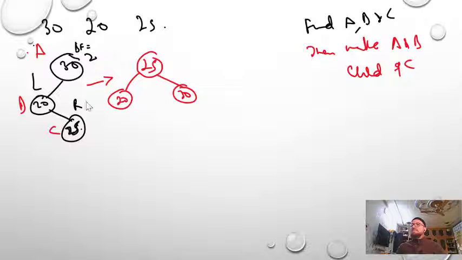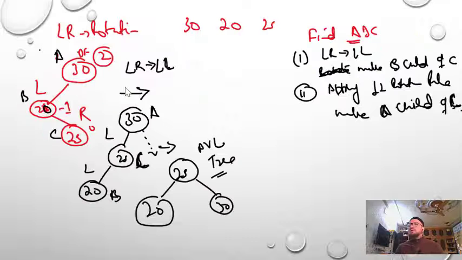Okay, if it was left right rotation, just find the A, B and C and make A and B child of C. So how will you make A and B child of C? A is 30, which is greater than 25, so it has to be on the right. Okay, and 20 is the lesser, so it has to be on the left. Simple as it is. Or if you can't do it this way, then do it this way: first convert this into the LL rotation. How? You rotate the B and C. Okay, you make C the parent of B here. Then B becomes the child of C. That is it, it becomes LL rotation.